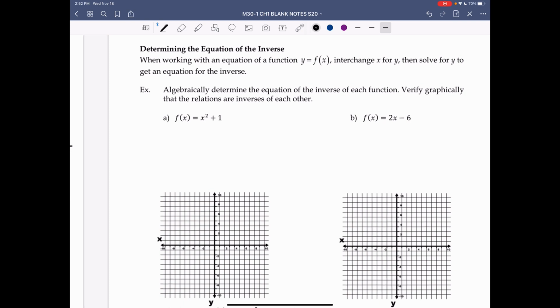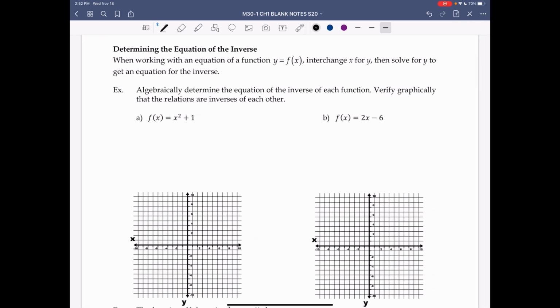Example: algebraically determine the equation of the inverse of each function, and verify graphically that the relations are inverses of each other. A, f of x equals x squared plus 1. We can write this as y equals x squared plus 1. Then for the inverse, we switch x and y, so we have x equals y squared plus 1.